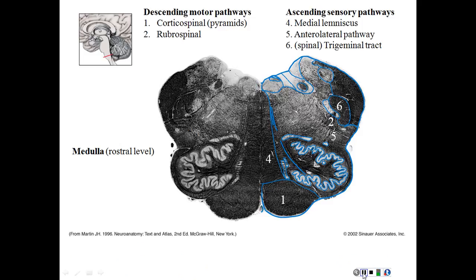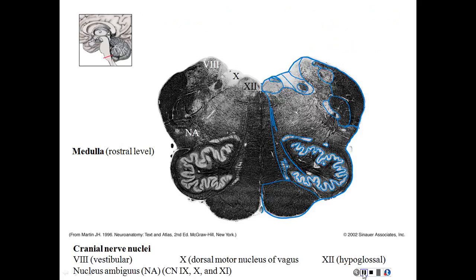If it's purely sensory, should it be more laterally situated in the brainstem? And there it is, way out here, a laterally situated sensory nucleus. It's not in the middle, it's certainly not at the midline. It's more laterally situated, and that's trigeminal. So that's the rostral medulla.